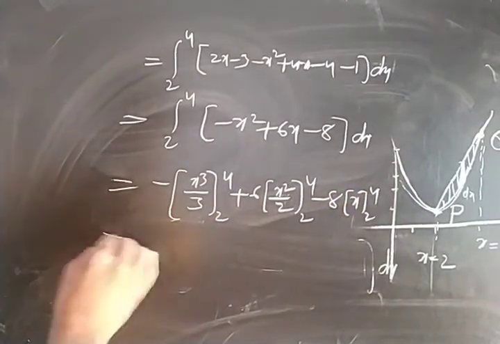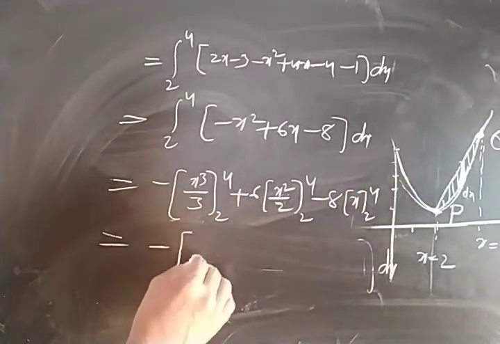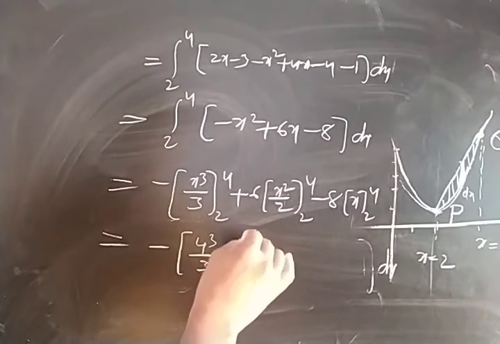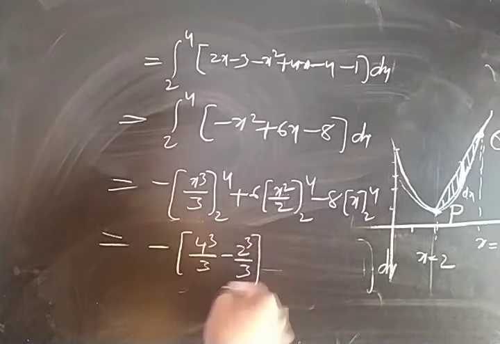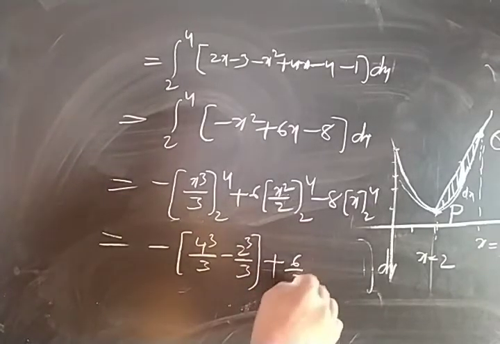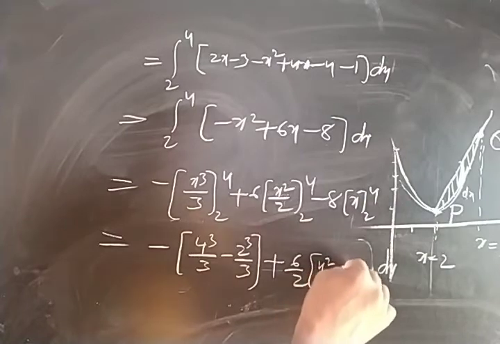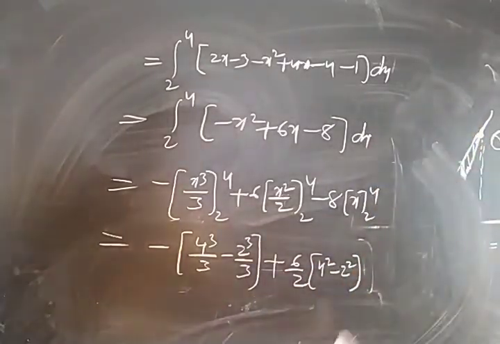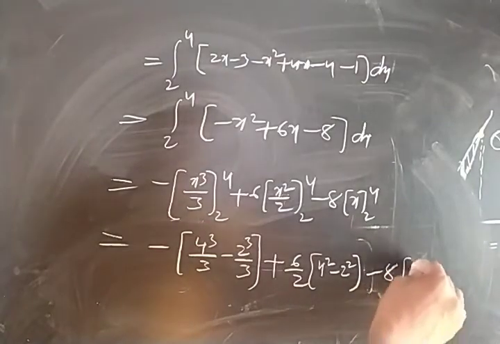Okay, substitute 4 here: minus (4 cube minus 2 cube) by 3, plus 6 by 2, taking 2 outside, (4 square minus 2 square), minus 8 (4 minus 2).